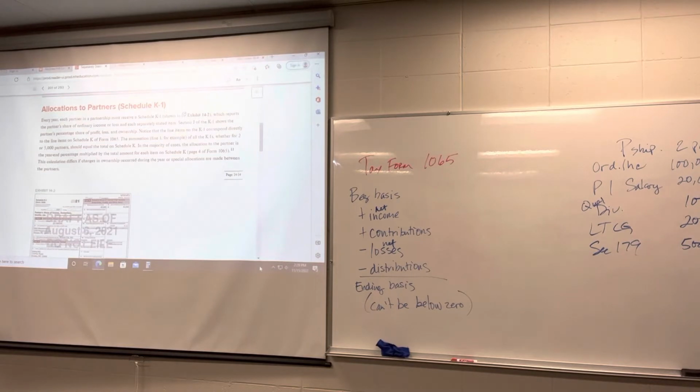So we have partner one and partner two. Partner one's 40%, partner two is 60%. So ordinary income, partner one is going to claim 40,000. Partner two, 60,000. Guaranteed payments. Partner two doesn't have any, but partner one has 20,000.